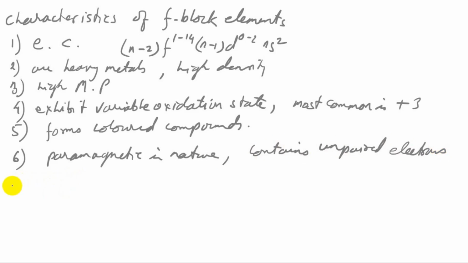And then number 7, lanthanoids. Lanthanoids are normal metals only, but if I take the next one, actinoids are radioactive. That means they start decaying. They give out radiations like alpha, beta, and gamma.